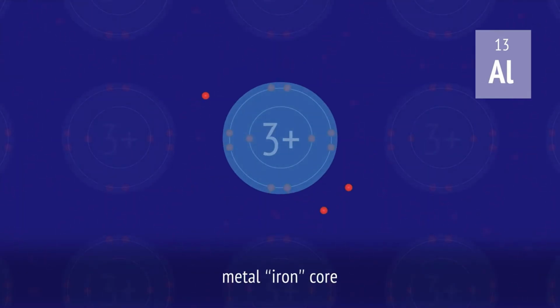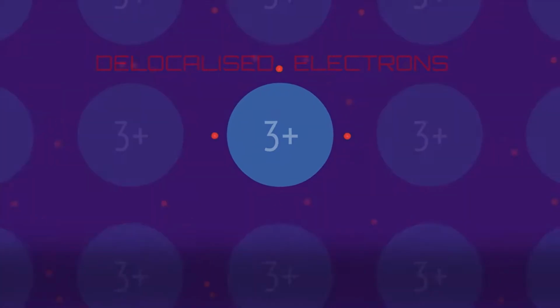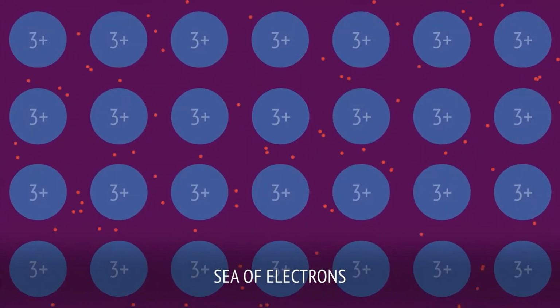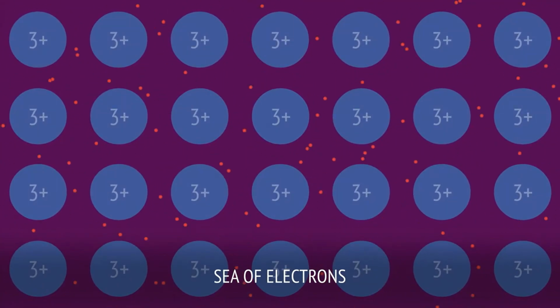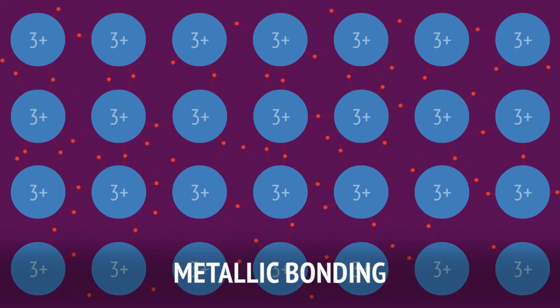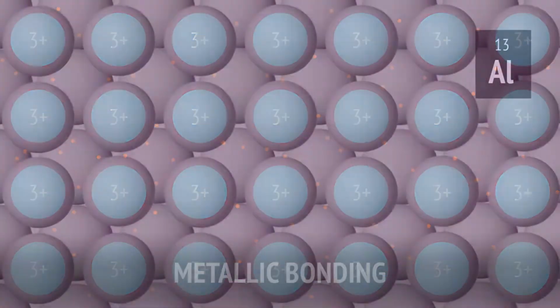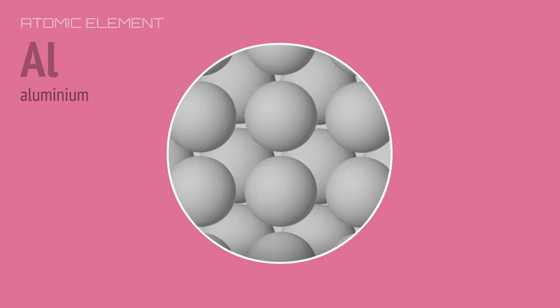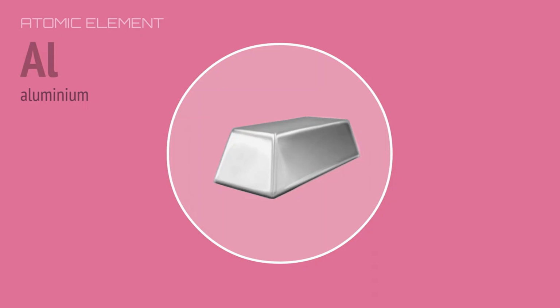This leaves the remaining core of each aluminium atom with a positive 3 charge. The free or delocalized electrons create a sea of electrons surrounding the positive cores of the metal atoms. This sea of negatively charged electrons is strongly attracted to all the nearby positive metal cores, and we call this attraction metallic bonding. It's this strong electrostatic attraction that holds the atoms together in the lattice, and it's the reason why metals have similar physical properties, like being shiny, malleable, and electrically conducting.